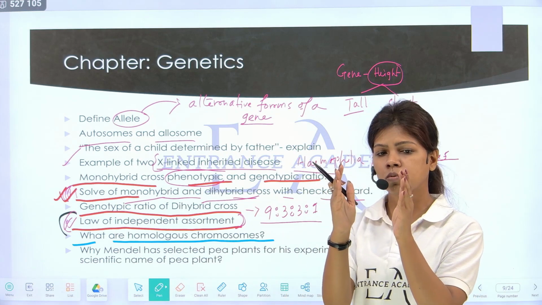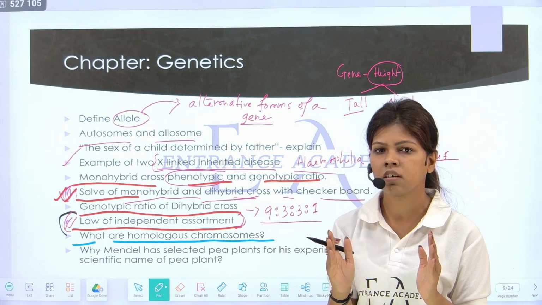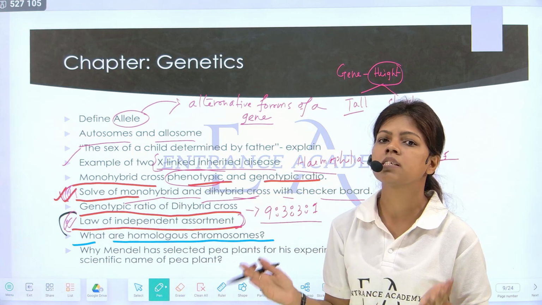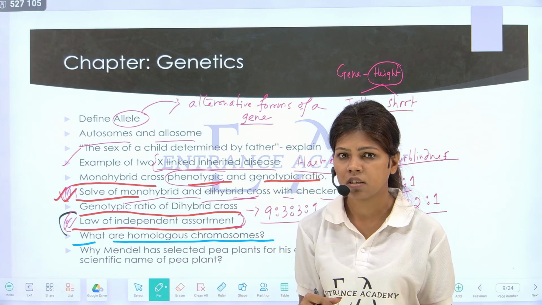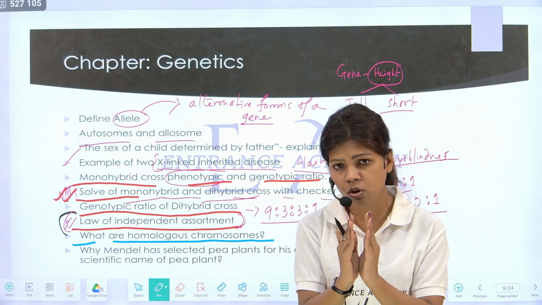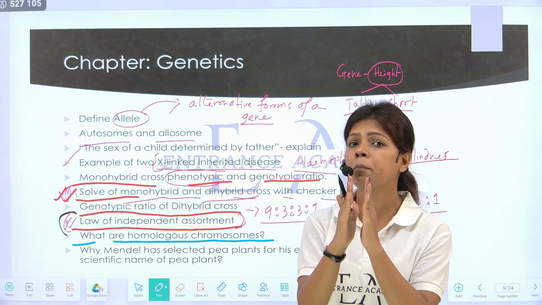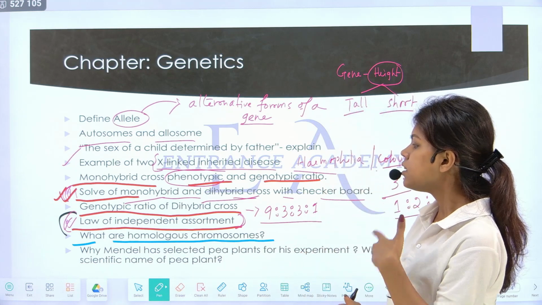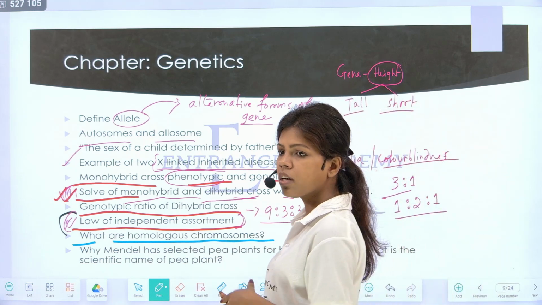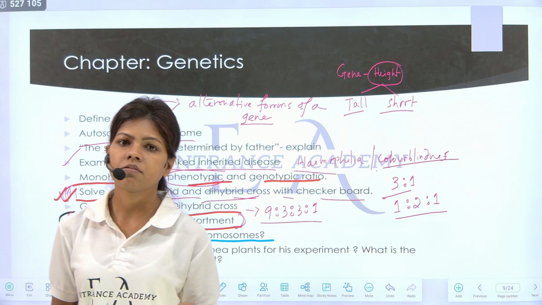These two chromosomes are similar in shape and size, and the position of the genes on the chromosomes is also similar. These two are known as homologous chromosomes, and they make a pair in our cell.